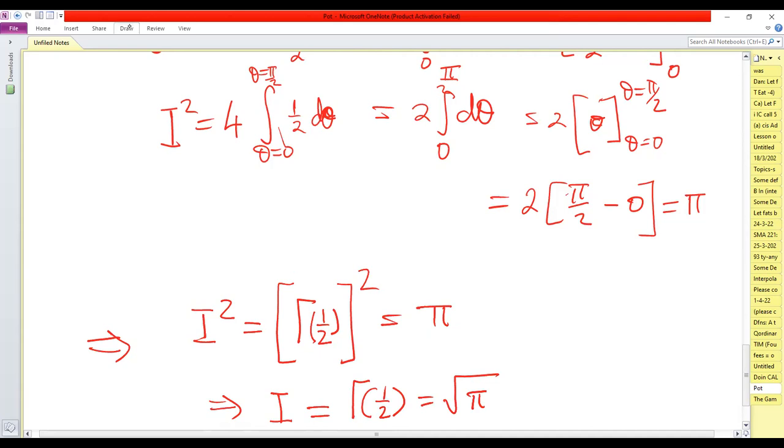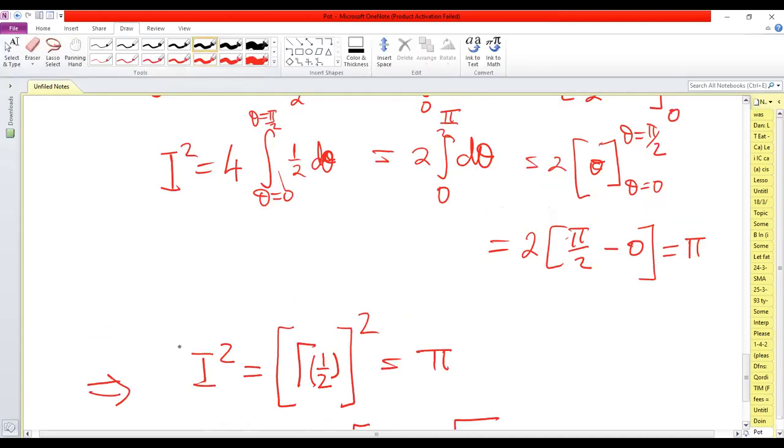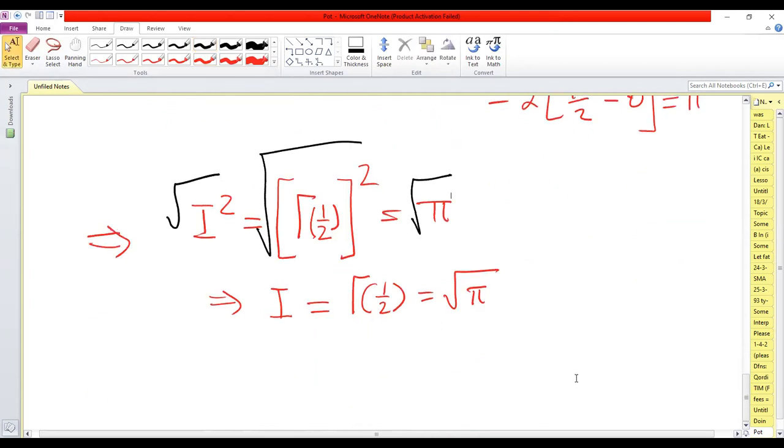I have simply gotten I by taking the square root of each side of this equation. So therefore, indeed, gamma of a half is nothing but the square root of pi. That's how we prove that gamma of a half is root pi. Thank you.